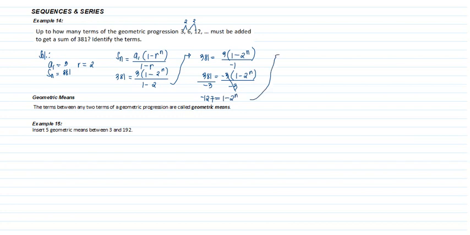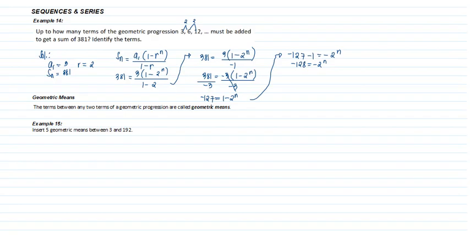Tapos if we continue, it would be now negative 127. We transpose 1 to the other side of the equation. It would have negative 127 minus 1 is equal to negative 2 raised to n. And then negative 127 minus 1 is negative 128 is equal to negative 2 raised to n.